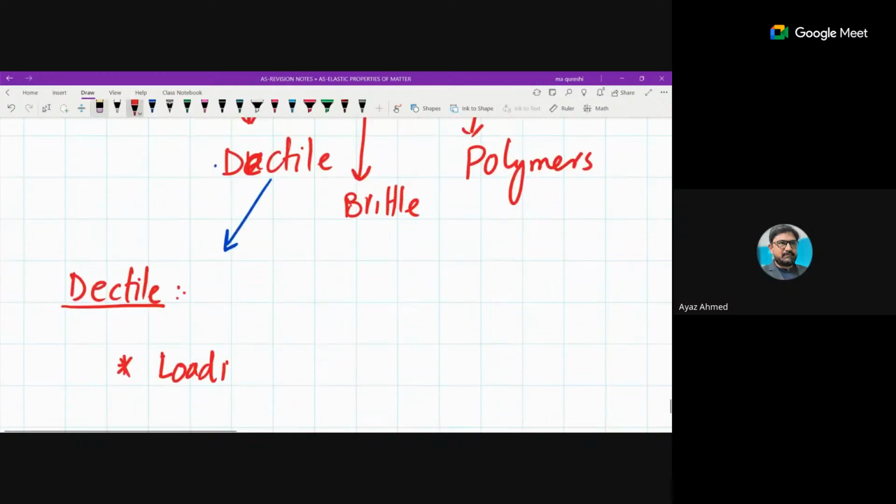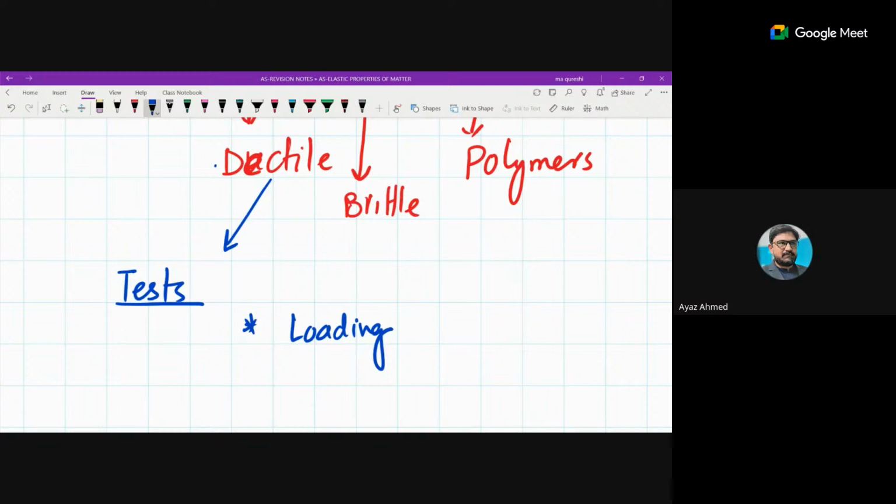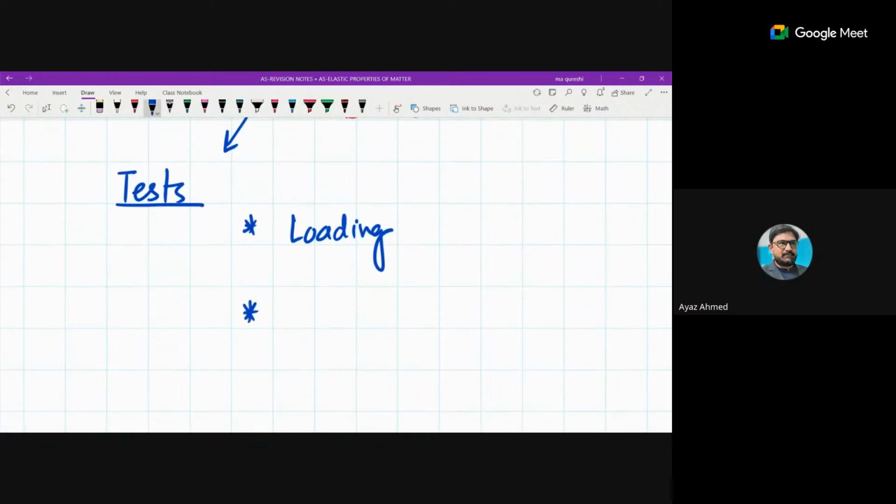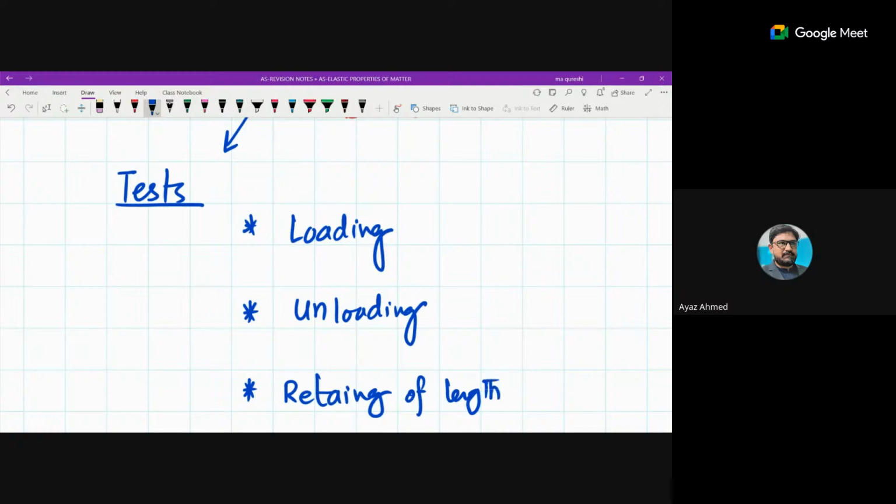Every material will have to be tested under these three tests. What are those tests? One, we test it during loading, then we check it during unloading, and then we check its retaining of original length.